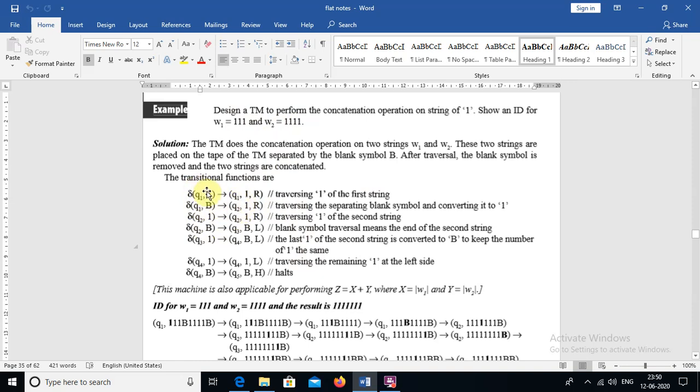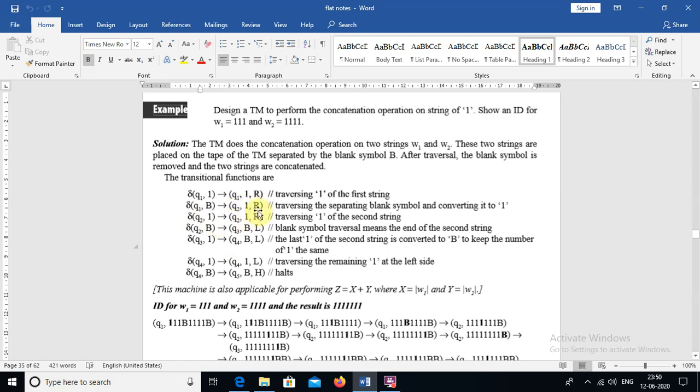If you find a 1 as an input symbol, that can be replaced with a 1 only, so there is no state transition. If you find a blank, that can be replaced with a 1, that means one symbol is replaced with another symbol, so there it has a state transition.